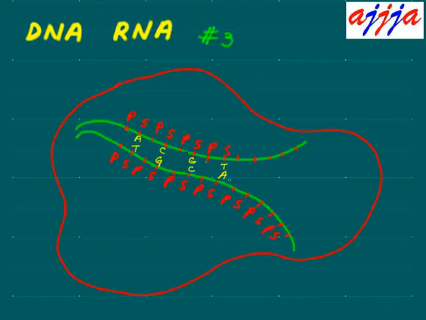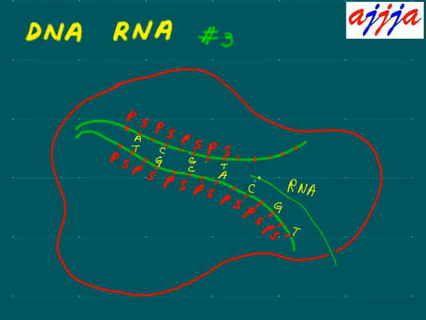Now, let's say this one is A, C, G, then T. Still we're talking about DNA. Then all of a sudden RNA comes and copies this one. What happened? Then C, that's right, then G. This is RNA.